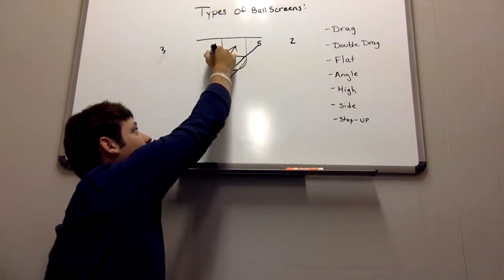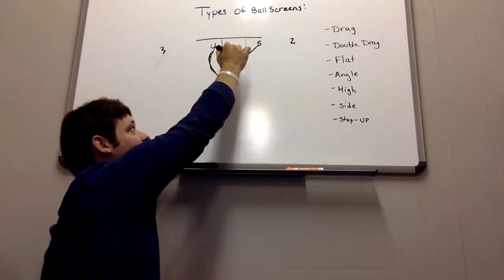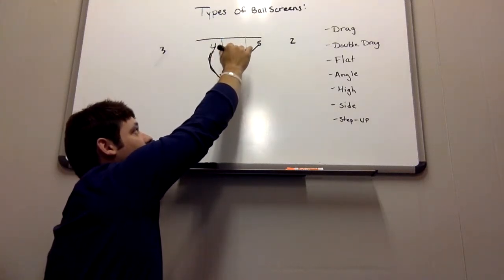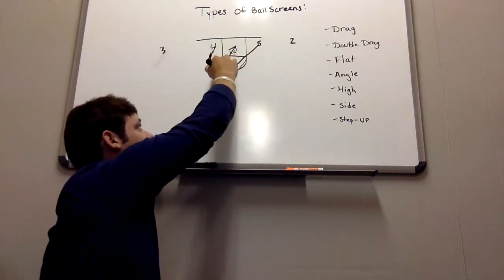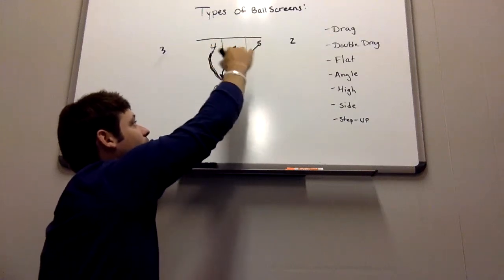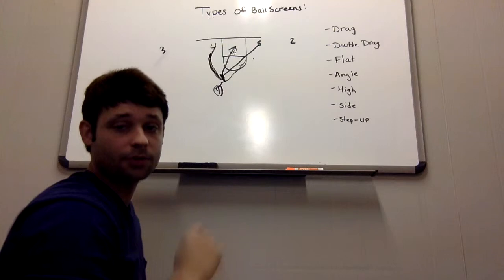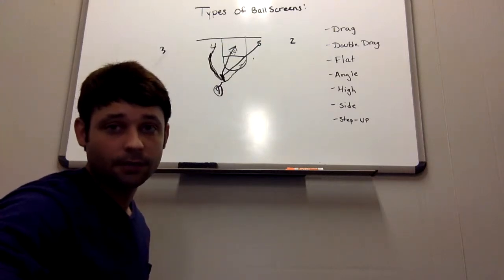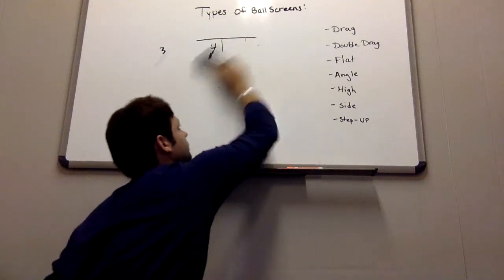That allows the 4 to come up, and the 4's man has to play the 5 that rolls, or he's going to be wide open. So when he replaces up to the top, we call that roll and replace. That 4 will be wide open for a great shot or a great reverse, things of that nature. Okay, side ball screen.